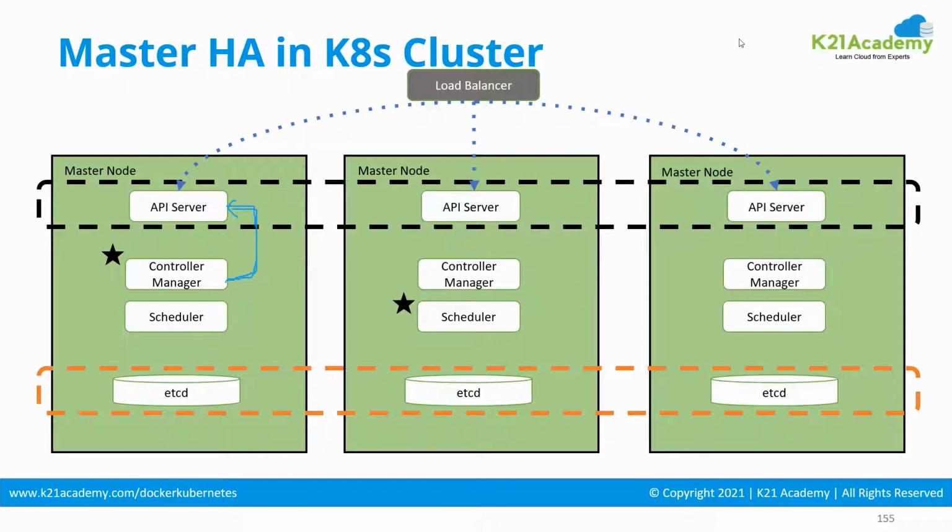Now the load balancer is going to elect one of these three master nodes, 1, 2, and 3. If one master node is elected for 15 seconds, that means it becomes the read-write master, and the other two master nodes become read-only.